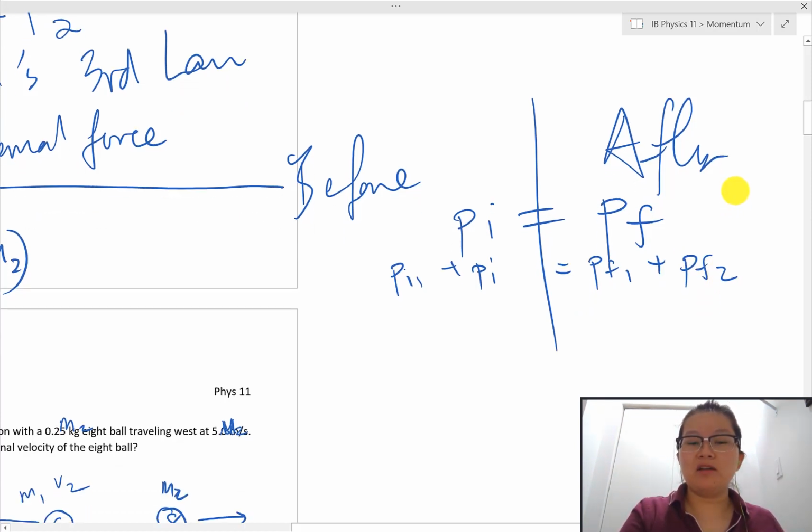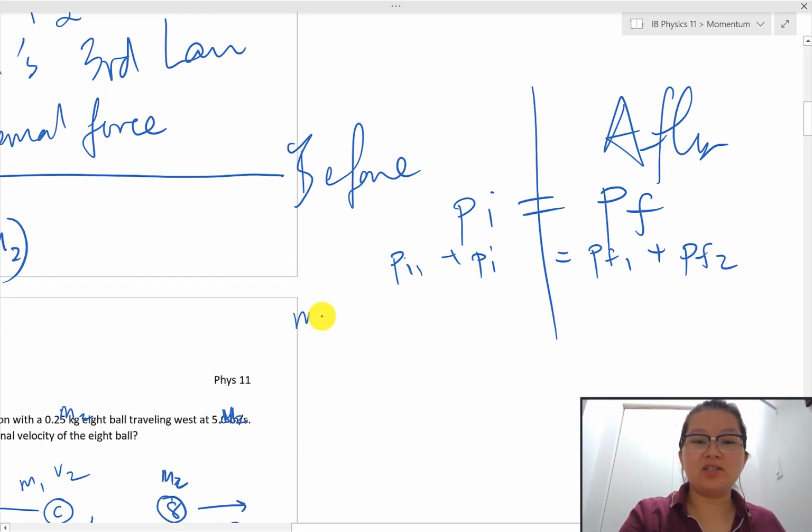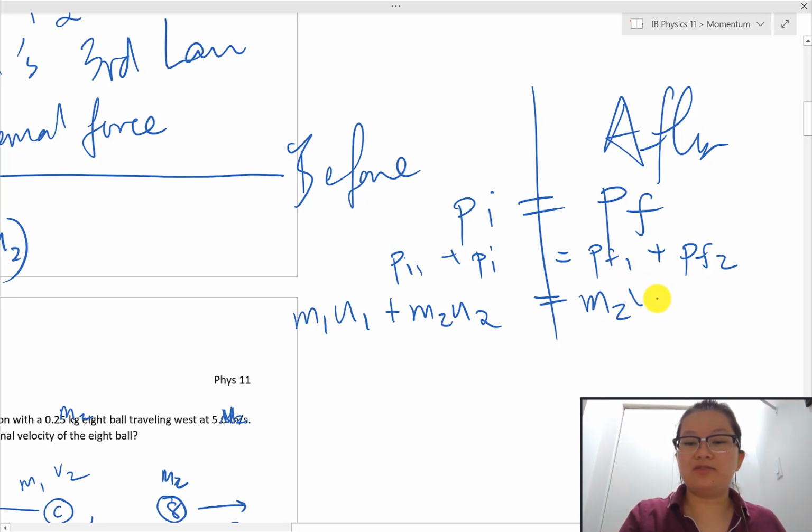So if I write it all out, since momentum is mass times velocity, I have mass 1 times its initial velocity plus mass 2 times its initial velocity. That's equal to mass 2 times its final velocity plus mass 1 times its final velocity. I can swap that, whatever.